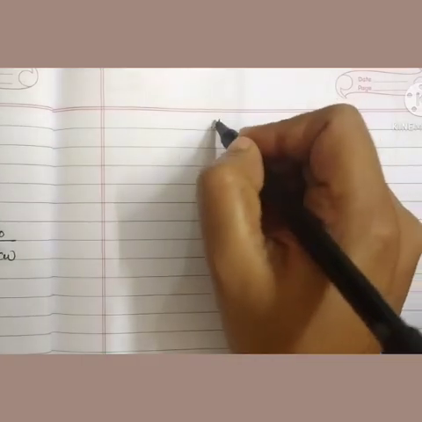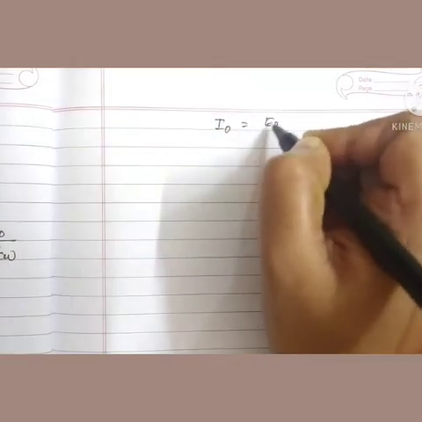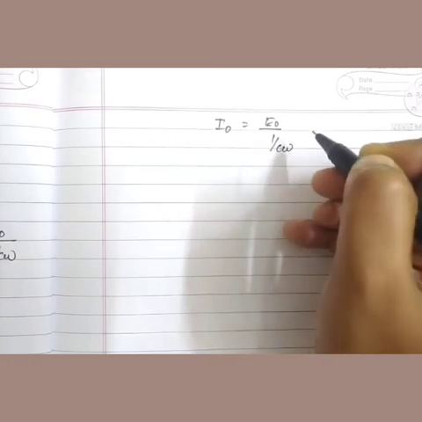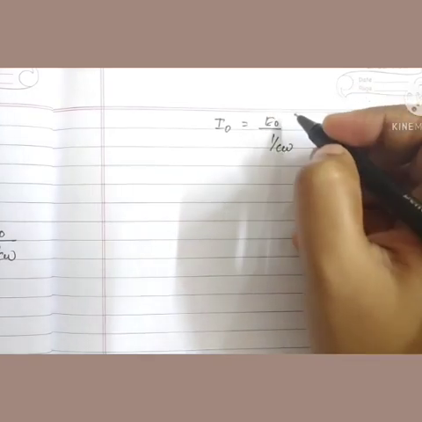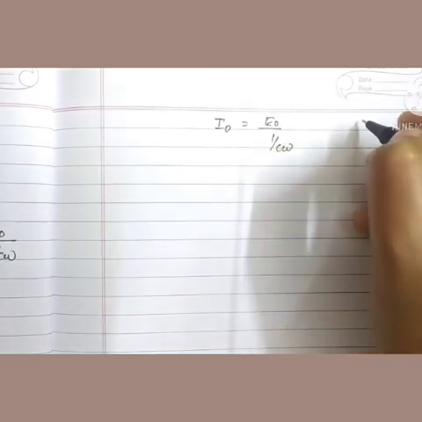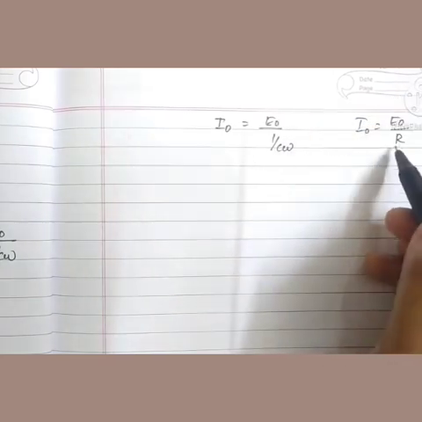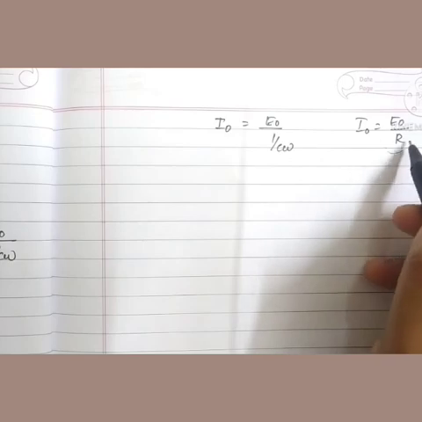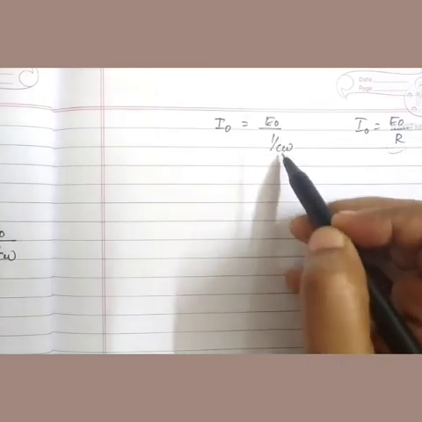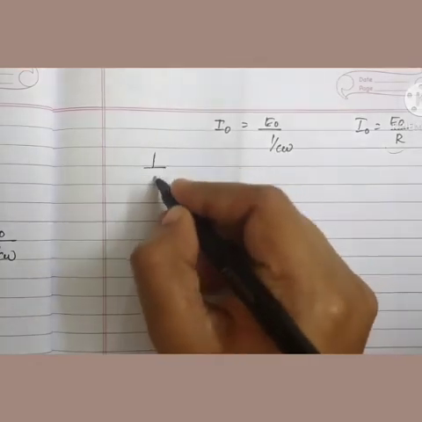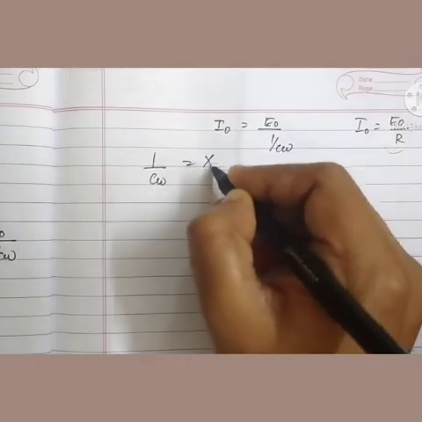Now we have seen that I naught is equal to E naught divided by 1 by C omega. In this expression, it is analogous to I naught is equal to E naught by R, and you can see the role of resistance in a purely resistive circuit is actually done by this quantity 1 by C omega, and this 1 by C omega is known as XC.